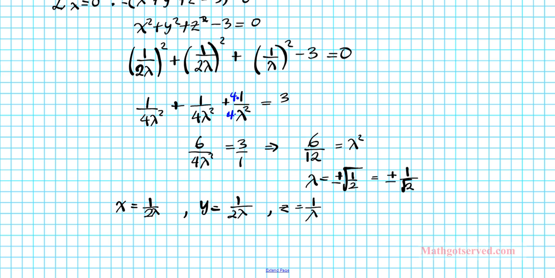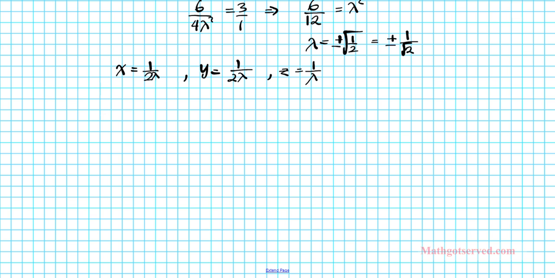Okay, so let's find our critical points. When lambda is equal to negative 1 over root 2, x is going to be 1 over 2 times negative 1 over root 2, right?